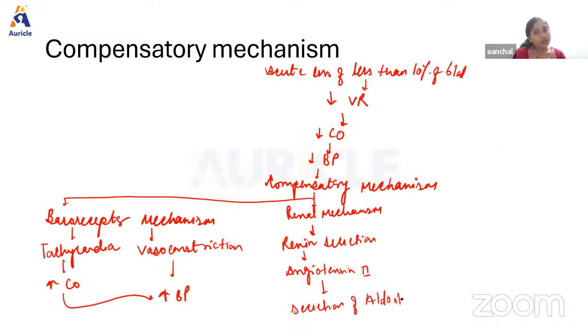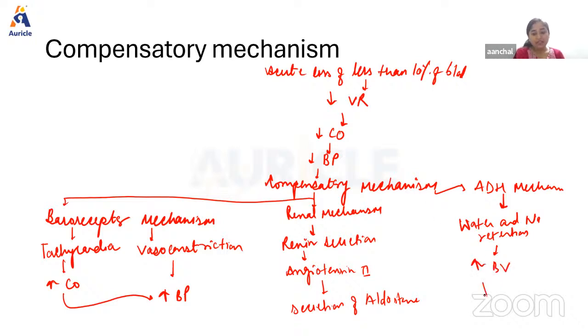Now, how will aldosterone work? To know that, first we should know the role of the ADH mechanism. The ADH will lead to water and sodium retention, more and more absorption of water and sodium. So it will lead to an increase in blood volume and an increase in cardiac output.